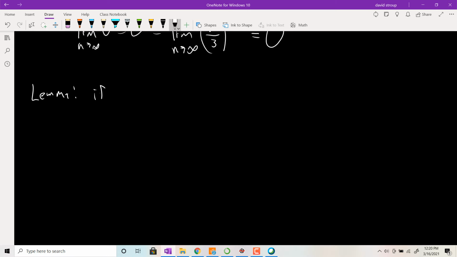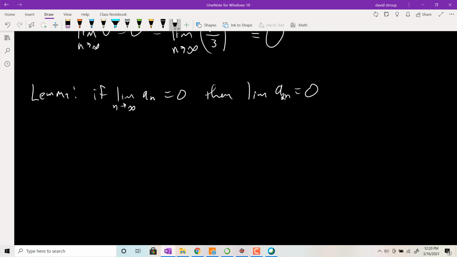So, lemma: if the limit of a sub 2n as n goes to infinity equals 0, then the limit of a sub n... did I get this backwards? No, it's backwards, sorry. If the limit of a sub n equals 0, then the limit of a sub 2n will equal 0.